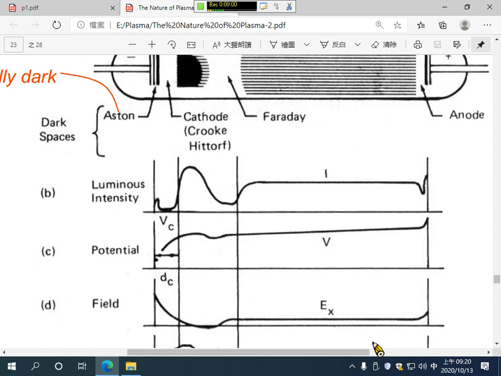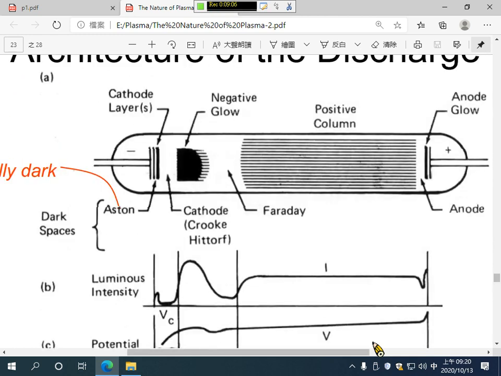So in the negative glow region, the major reaction is electron impact ionization. Those electrons are high energy primary electrons, because the electrons gained energy from the electrical field across the cathode layer.